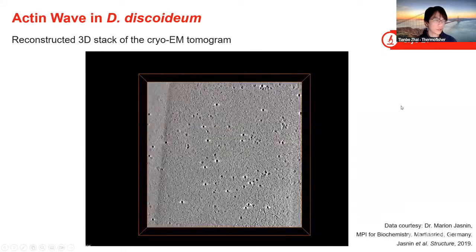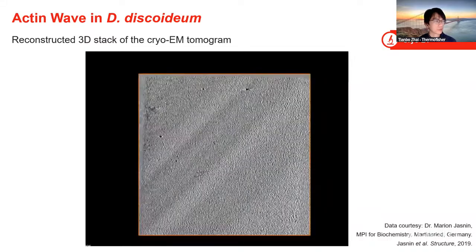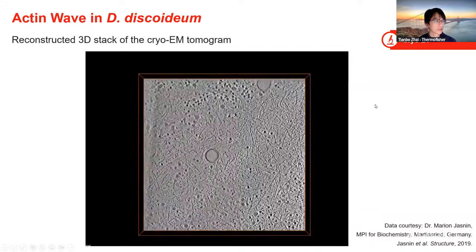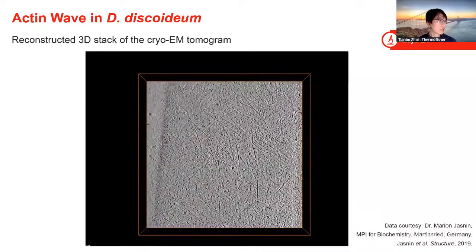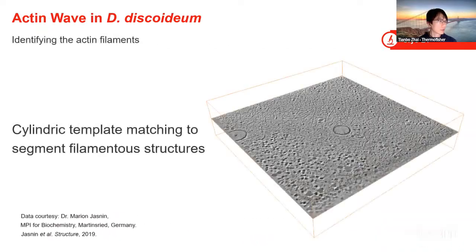Inside the software, this is not necessarily an AI-assisted tool, but more like a cylinder correlation tool that can help us approximate those with a cylindrical template. We are able to try to match and segment those structures that look like a filament.